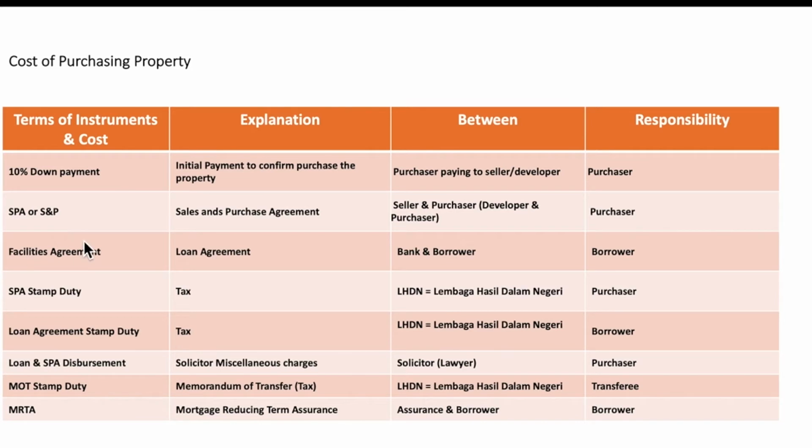You will see a facilities agreement, so don't be surprised. This agreement is between the bank and the borrower, meaning the purchaser as well, because you're borrowing money from the bank. So the borrower, the purchaser, needs to appoint a lawyer to do this agreement.